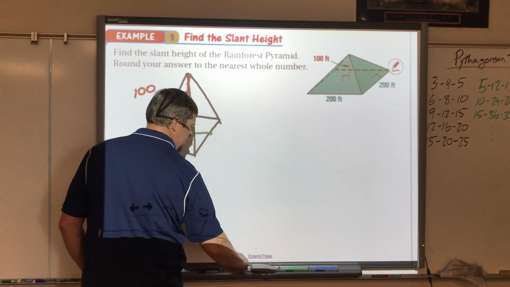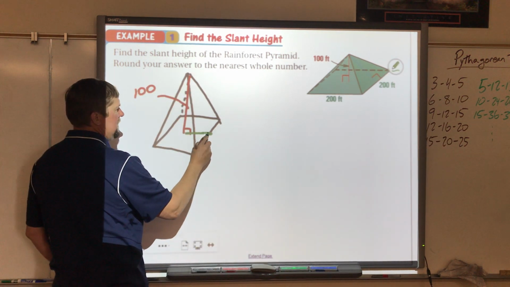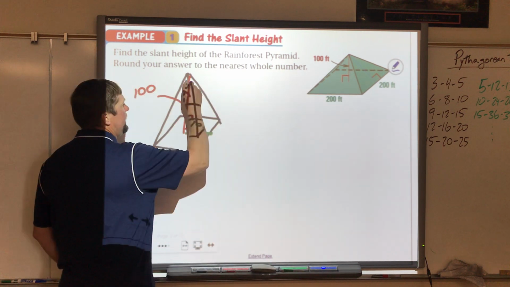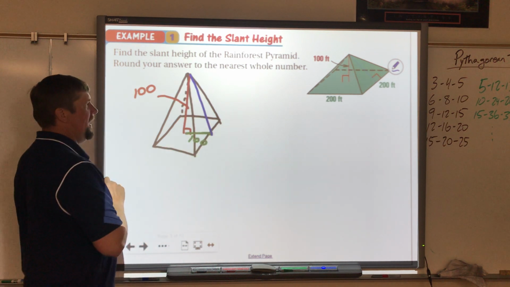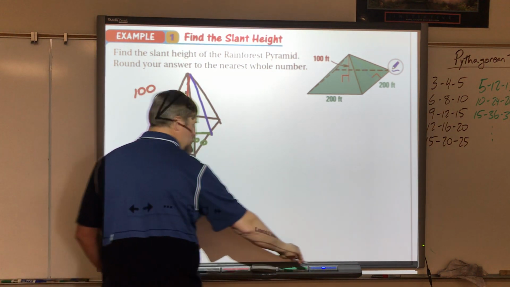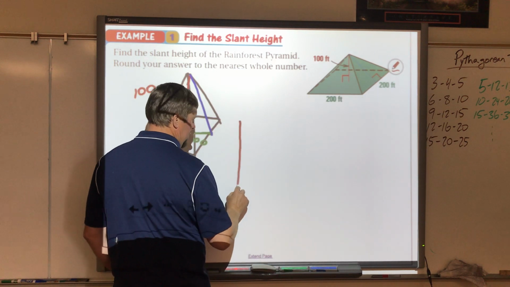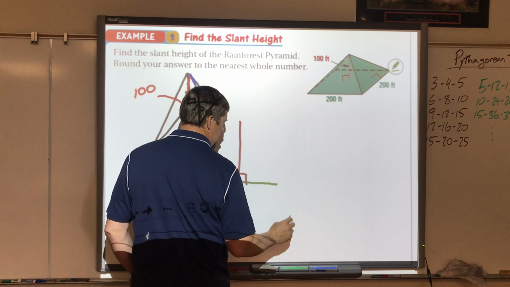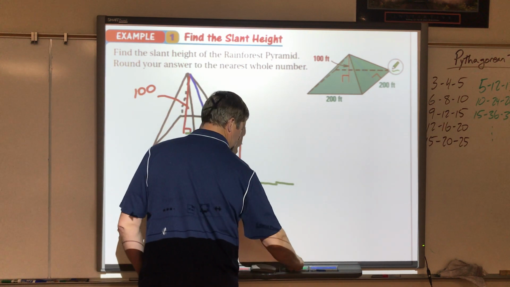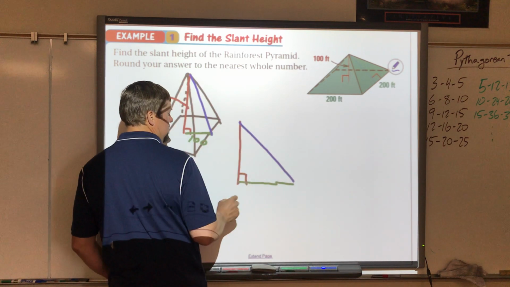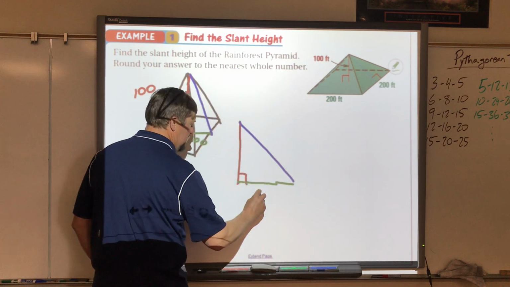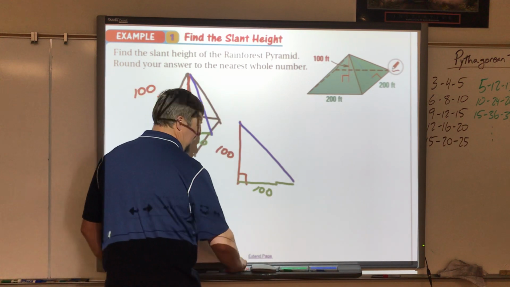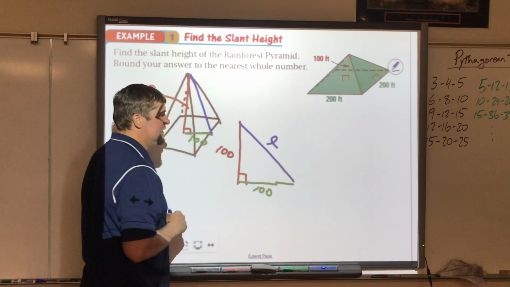The height is 100. We know that this edge here is 100. And we know that this makes up the hypotenuse of that right triangle. So we have one leg, a second leg, and then the hypotenuse. Okay, so we know this is 100, this is 100, and the hypotenuse, let's call L for the slant height.